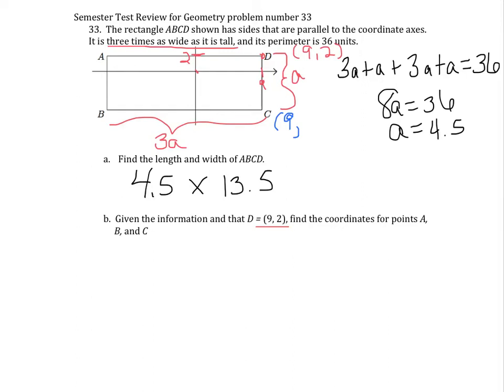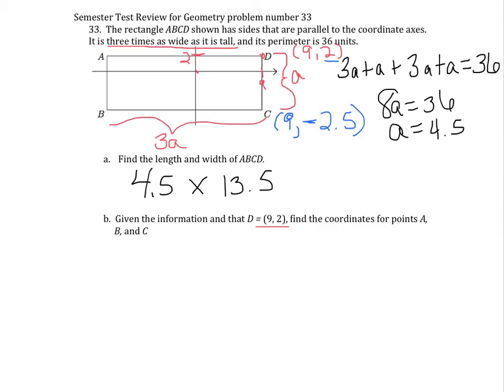From the Y value of 2 for this point right here, I have to go 4.5 away from that. Going down, 2 down gets me to 0, and then 2.5 more gets me a total of 4.5. So point C has coordinate values of (9, negative 2.5).